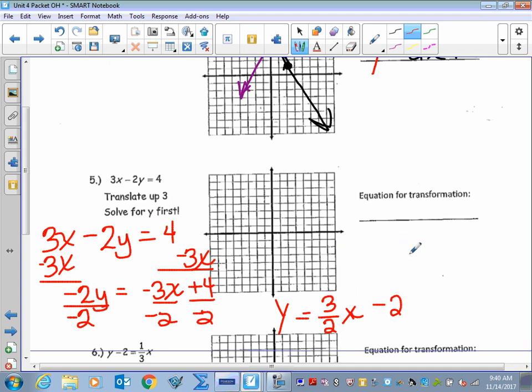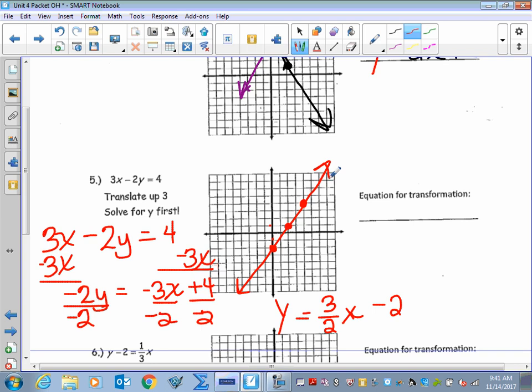So I'm going to graph the original, and the original starts at negative 2. And then I'm going to go up 3 over 2. Up 3 over 2. And this one says to translate it up 3.